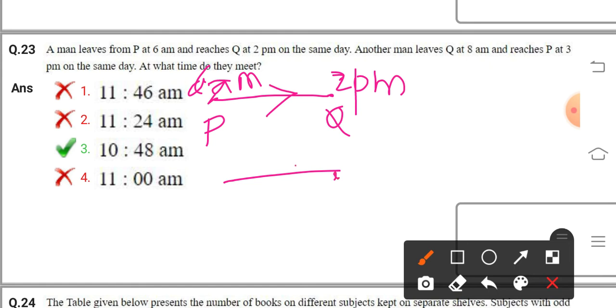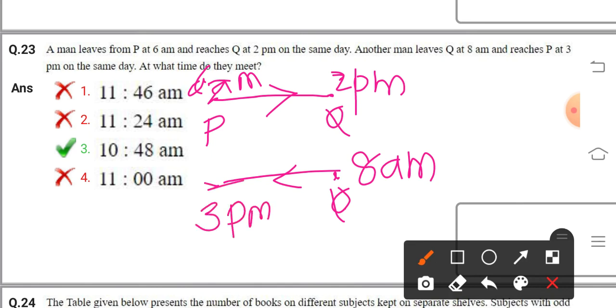The second person started from Q at 8 a.m. and reaches P at 3 p.m. At what time do they meet?